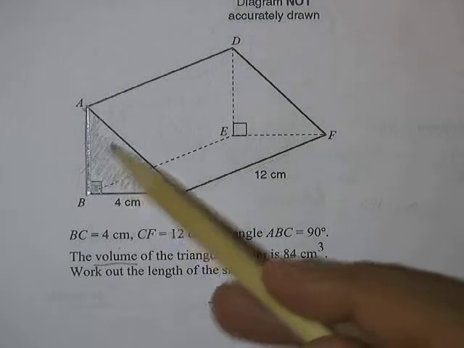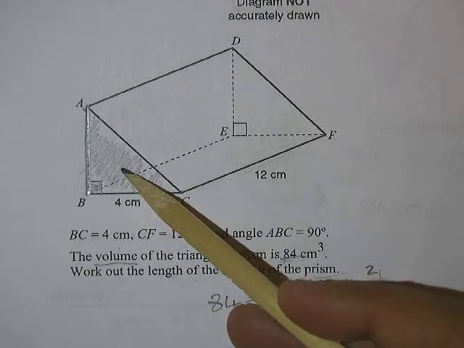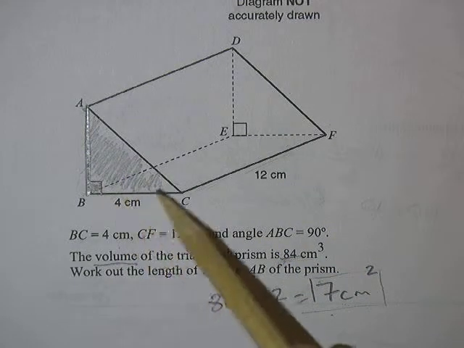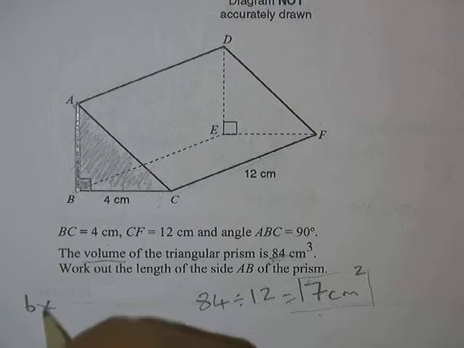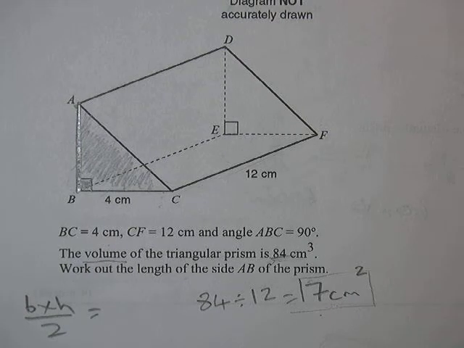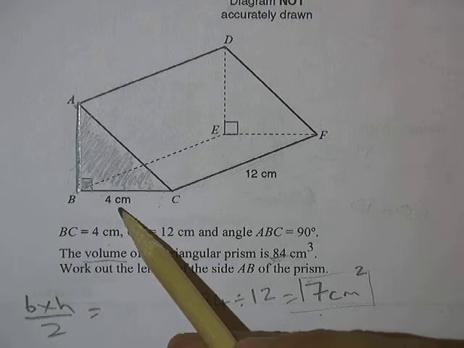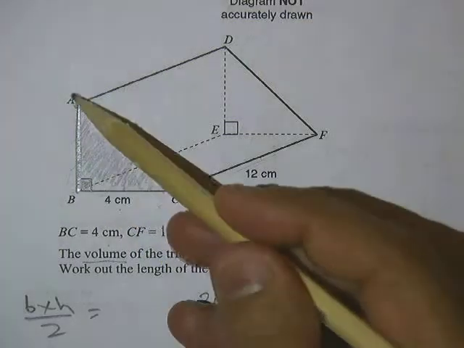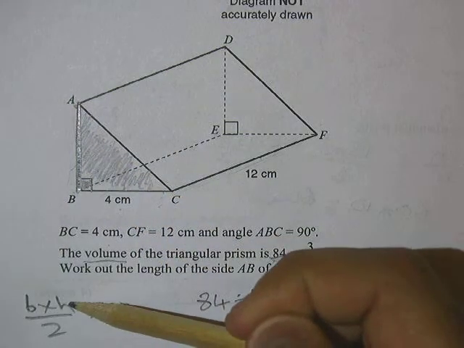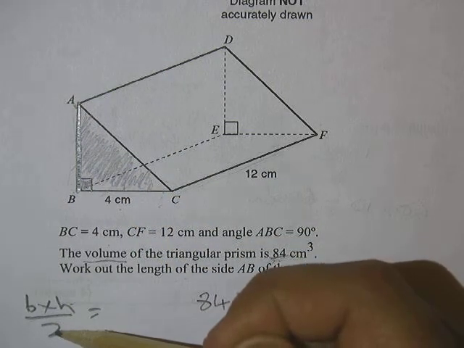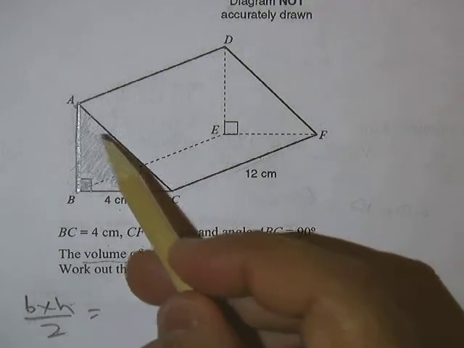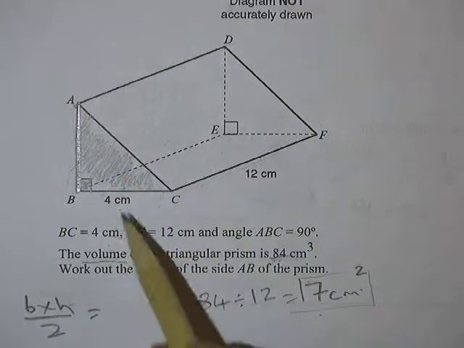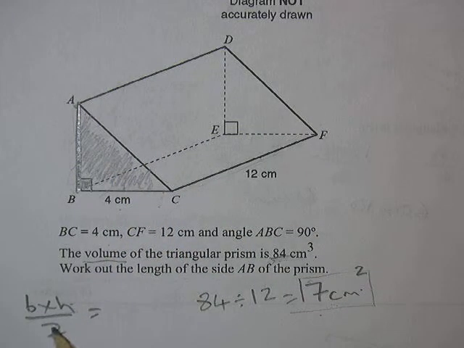We know this is a triangular prism, this is a triangle, so I know the formula to work out the area of a triangle is base times height divided by 2. So I've got my base. When I times it by the height, which I'm looking for anyway, AB, and then I divide the answer by 2, I need to get 7. So I know I need an answer of 14, because when I divide it by 2, it's got to give me 7.